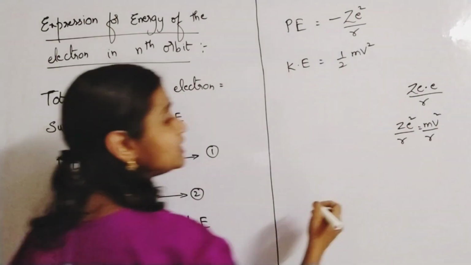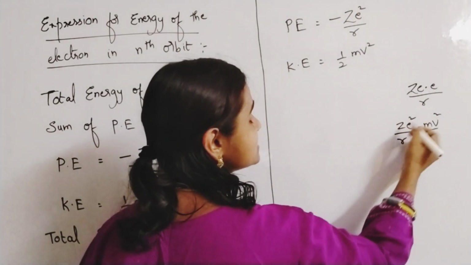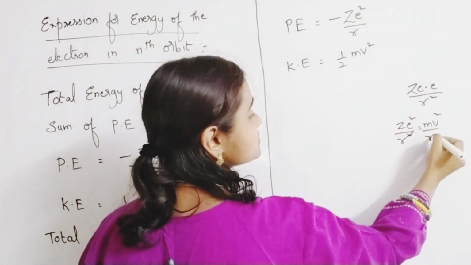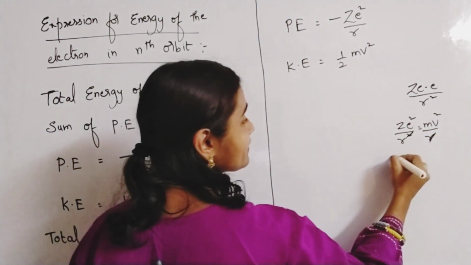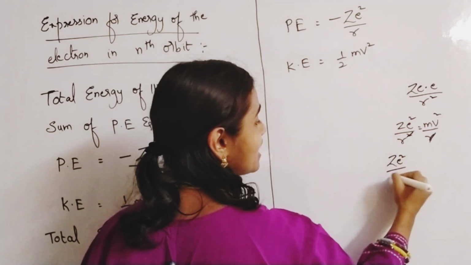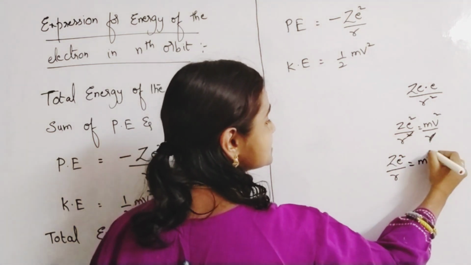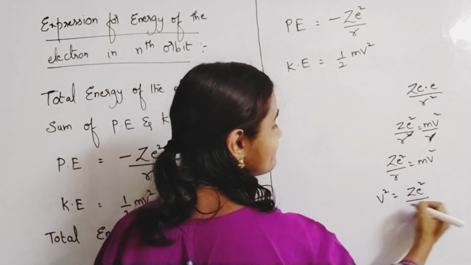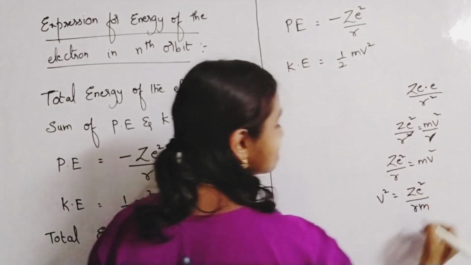So if you equate these two, Ze square by R square equals mv square by R, here R square and R get cancelled. So Ze square by R is equal to mv square. So v square can be written as Ze square by Rm.